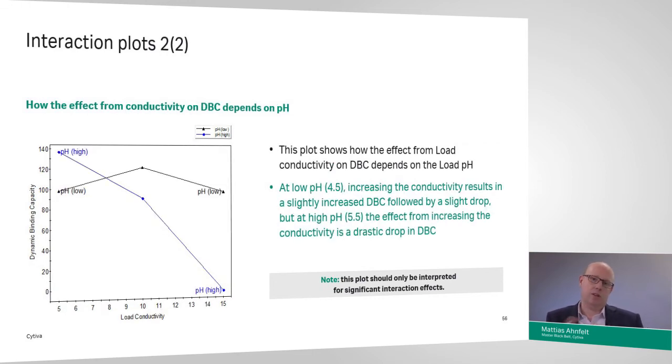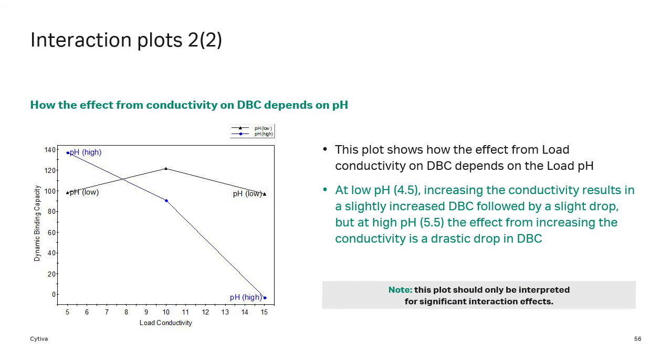So we can also turn the interaction plot the other way around, so we can peel the orange the other way and now look at interpreting how the effect from conductivity depends on which setting we choose for our pH. So the blue curve here shows the effect from conductivity on binding capacity at a high pH, when the protein is not so strongly charged. And you can then see that it has a big effect, the amount of charge we have in the solution.